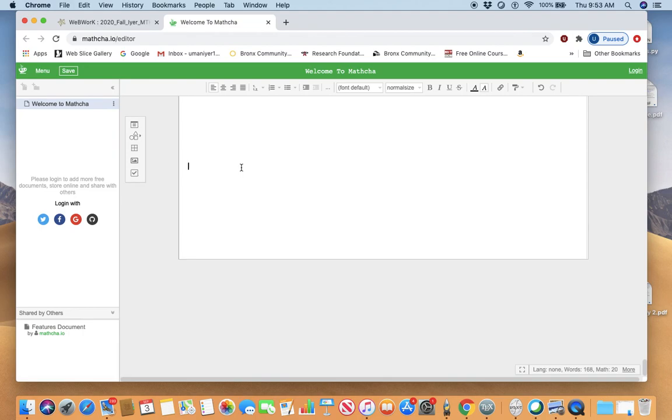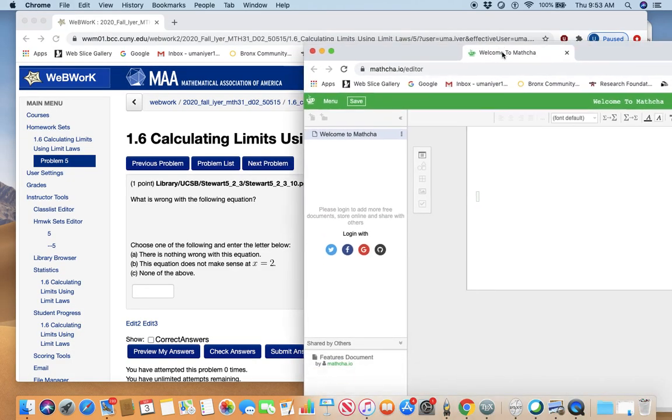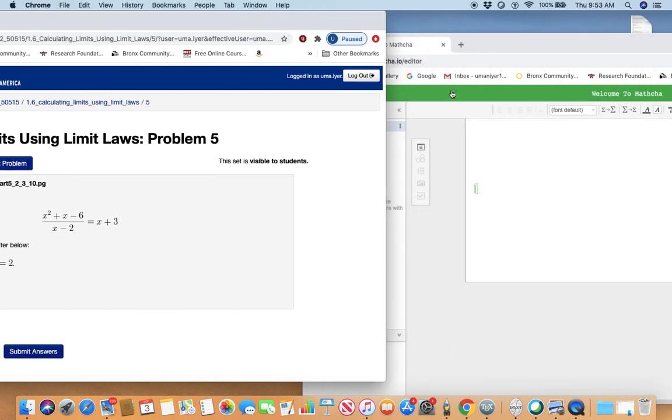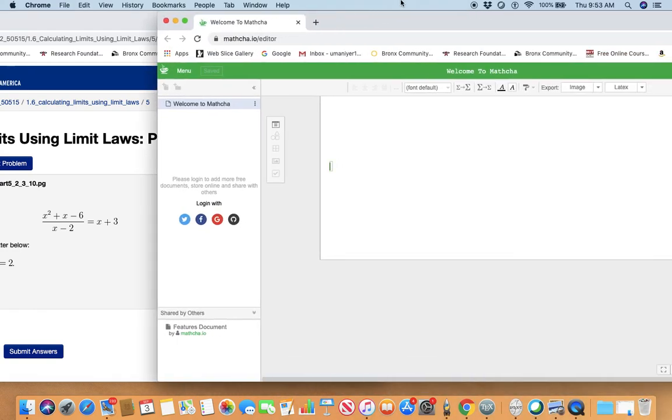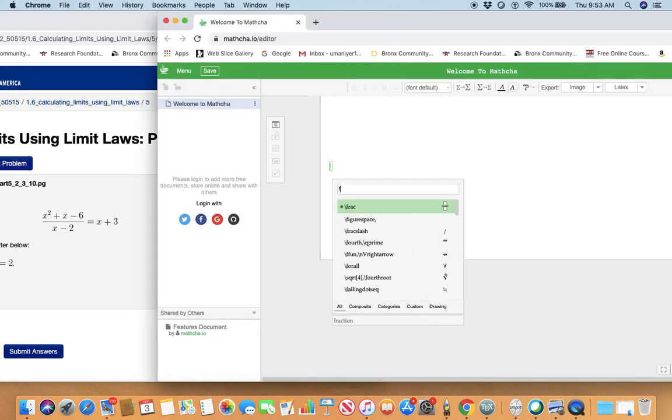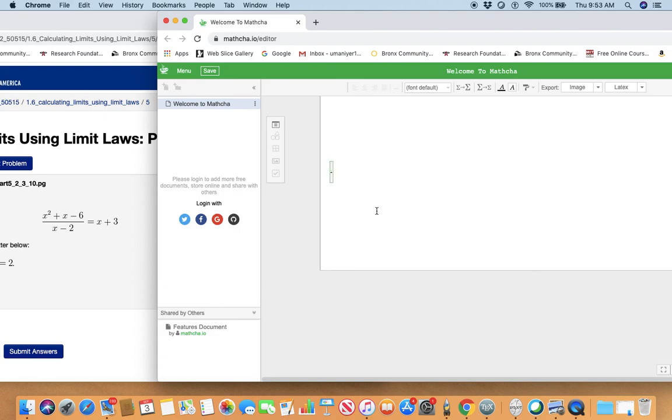The question is the following expression, a fraction: x to the power 2 plus x minus 6 over x minus 2.